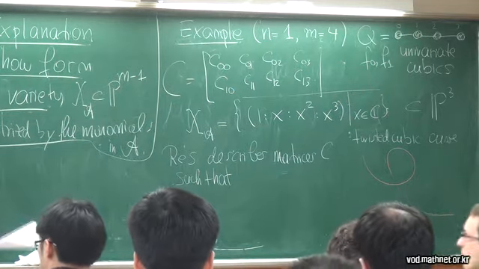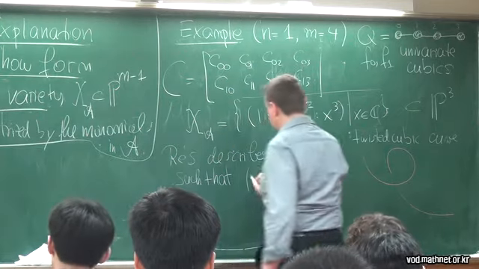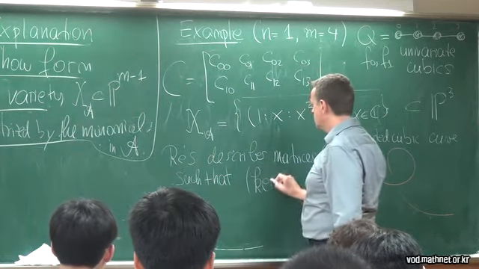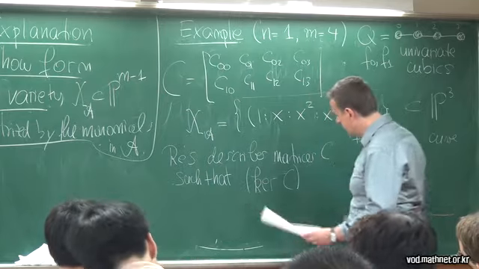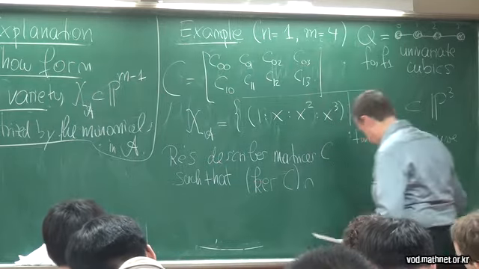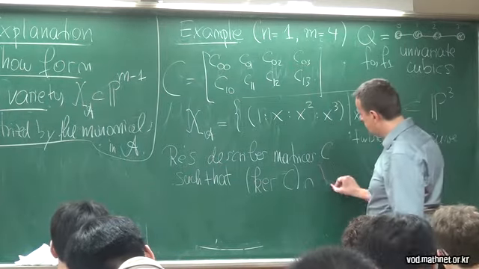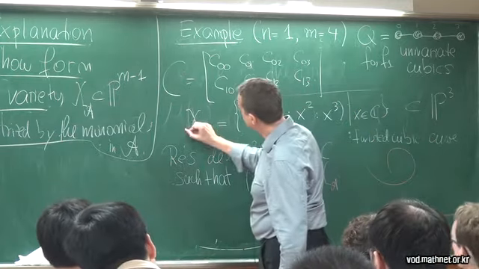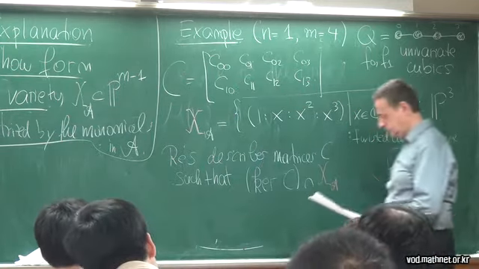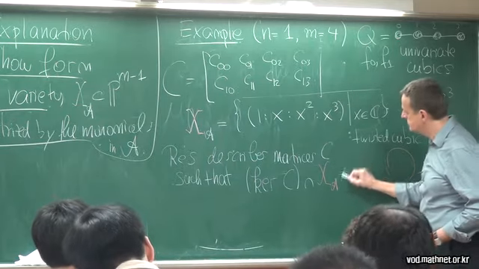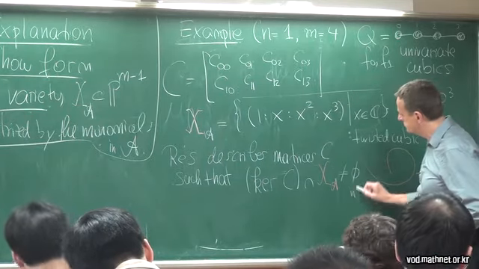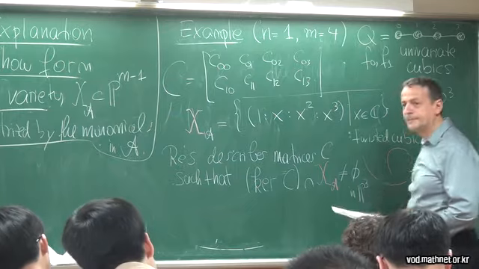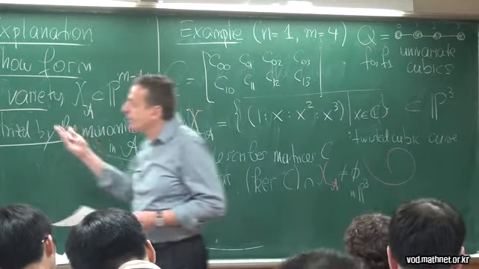So geometrically, what does it say? Well, that says I'm interested in all matrices such that the kernel meets the toric variety, meets the curve, in P3, right? So that's by definition, right?